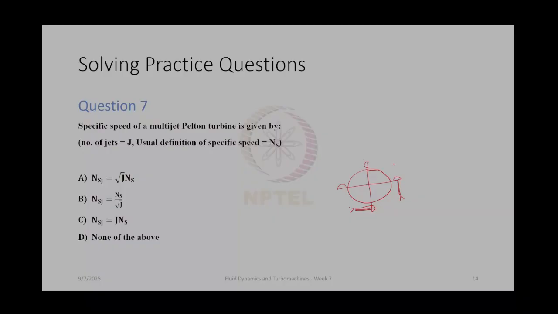In this figure I'm drawing four, but it could be even more as well. A nozzle here and a jet here. So in this case, J equals 4, but you get the point, right? That there are multiple jets being used.